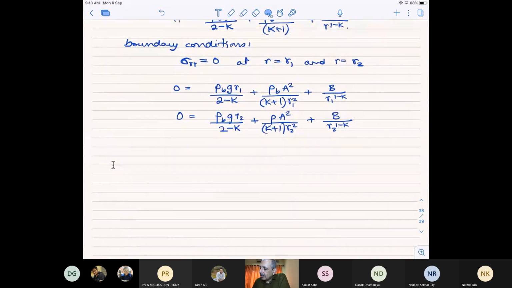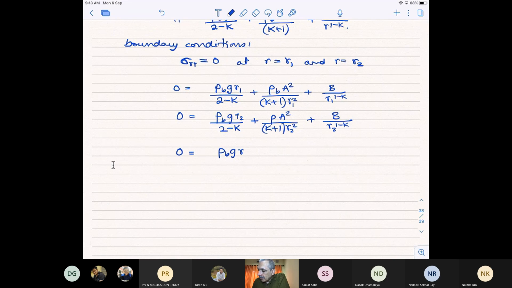Now I should multiply throughout by r1 raised to the power of 1 minus k, and here I should multiply by r2 raised to the power of 1 minus k, and then subtract. So let me write those equations again because I'm sure to make no mistakes.